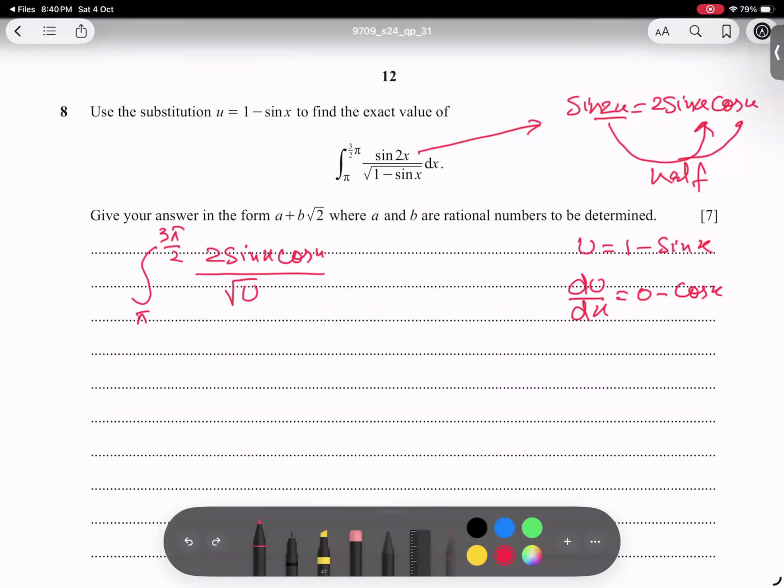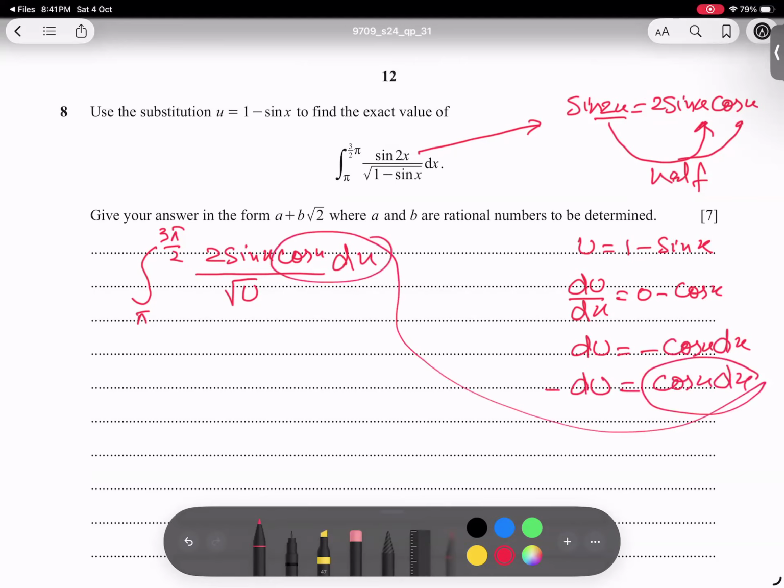I have two choices. I can say du is equal to negative cos x dx. So negative shift on the left side, I got negative du is equal to cos x dx. So these two things are the same.